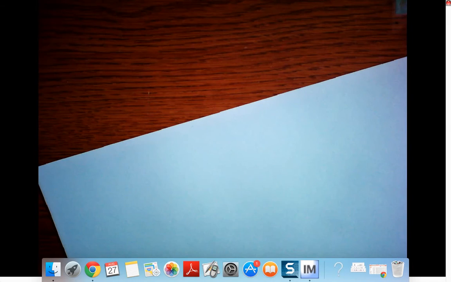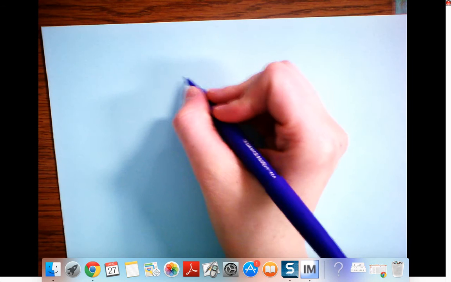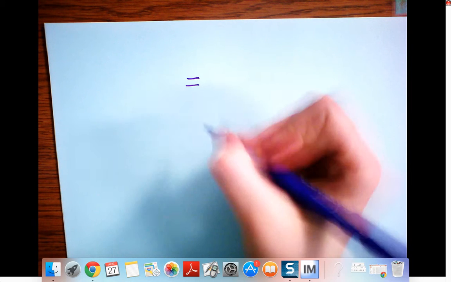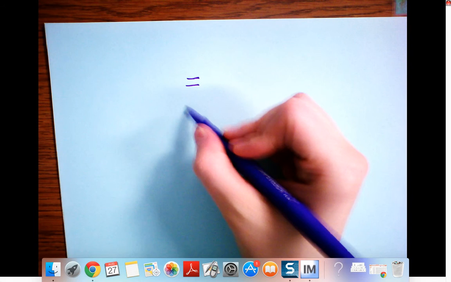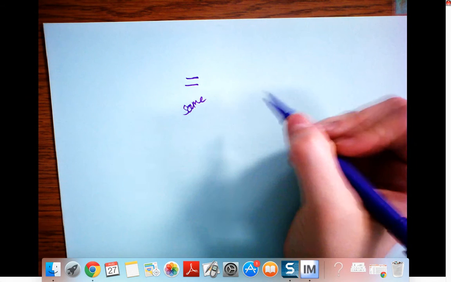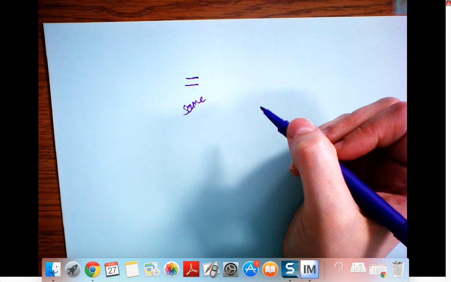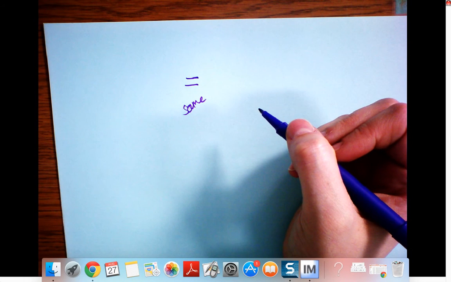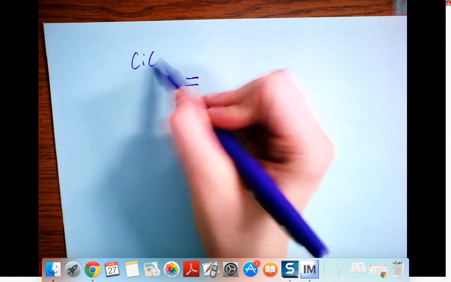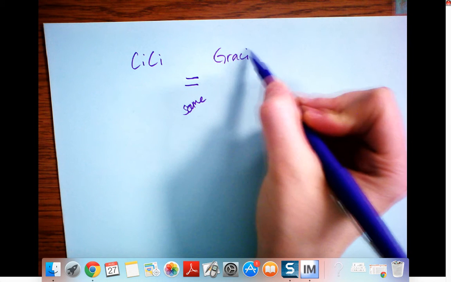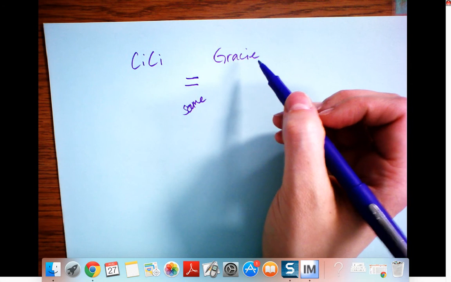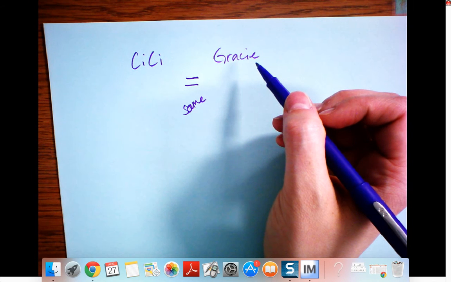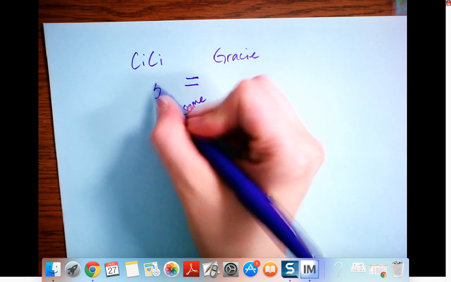So if they're wanting us to know at what month they'll pay the same amount, well, same means equal. Now, CC went with AT&T, and Gracie went with Comcast. Now, CC's AT&T package is a $50 installation fee.